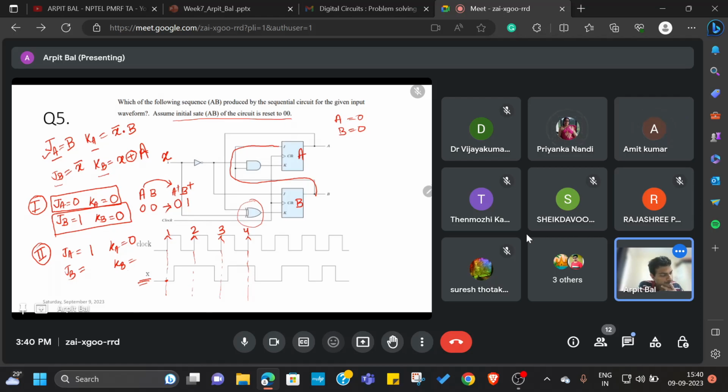No, try again. JB equals to X complement. Yes, sir. This goes to 0. Correct. So while checking the X value, you should see what value is being sampled at that particular clock edge. Similarly, what will be KB?